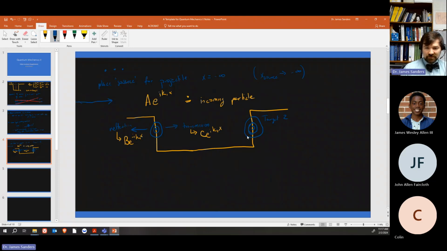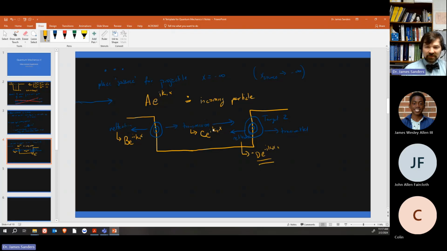And again, you can have this interaction in which it's either reflected or transmitted. This reflected one, in turn, we expect to be some sort of a D e to the minus i k2x.